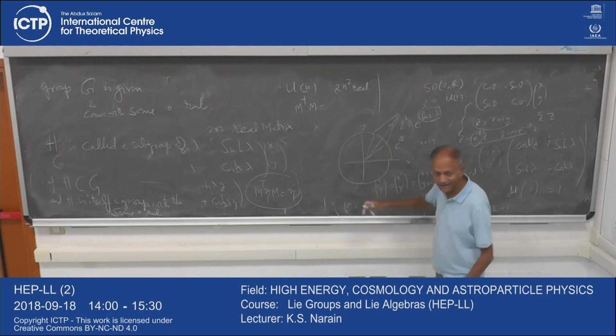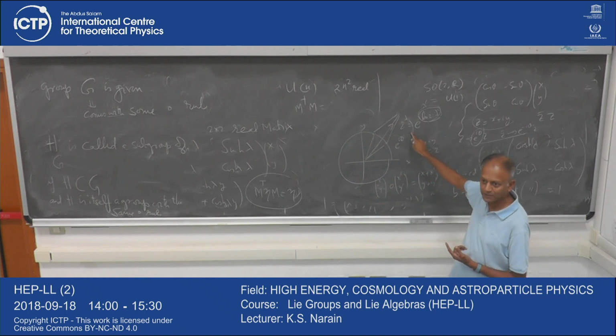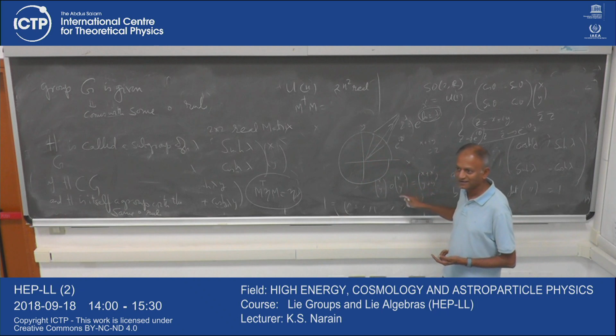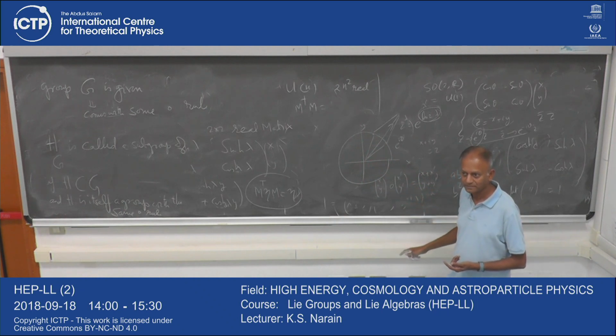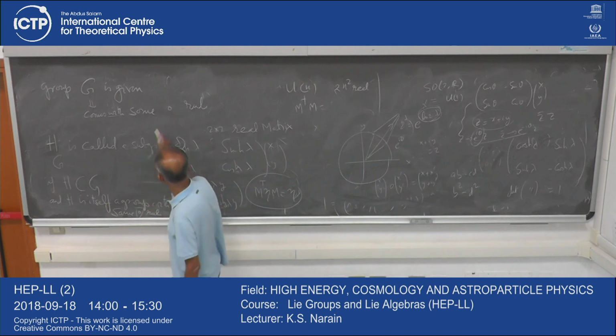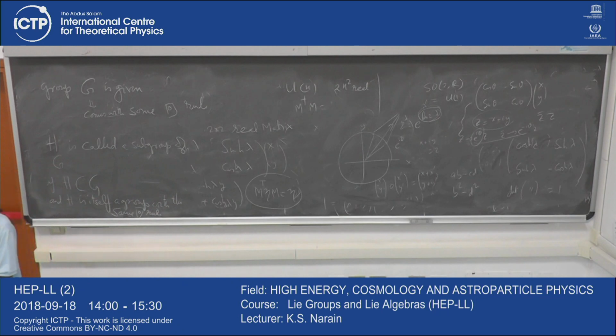It is a group under multiplication of the phases, e to the i theta times e to the i theta prime equals e to the i (theta plus theta prime). But that's a different composition rule. So this is not a subgroup of R2. It is very crucial that it be the same composition rule, and then you call it a subgroup.